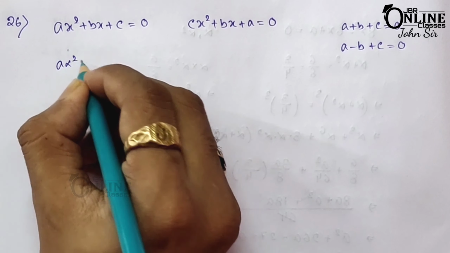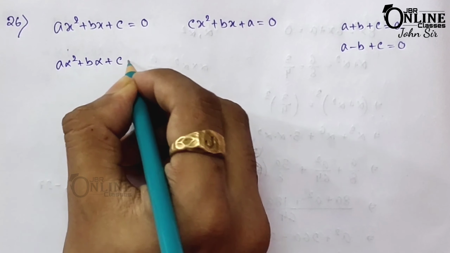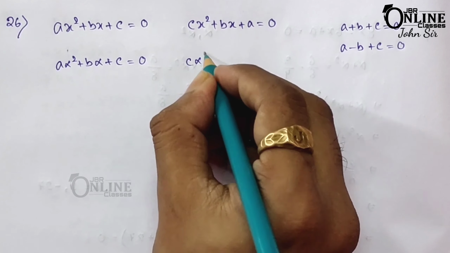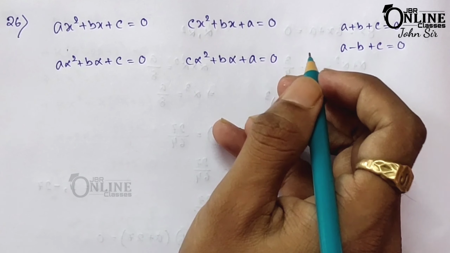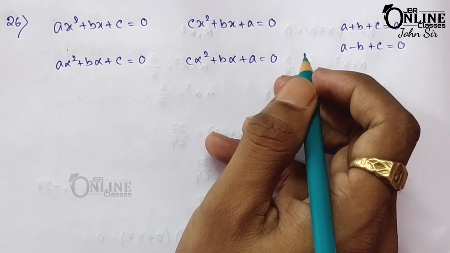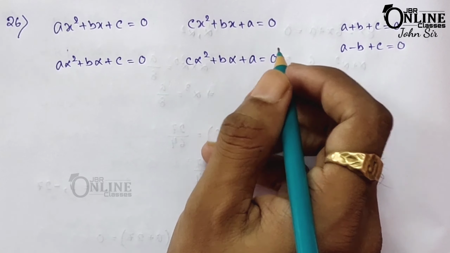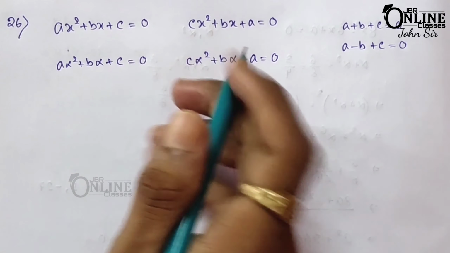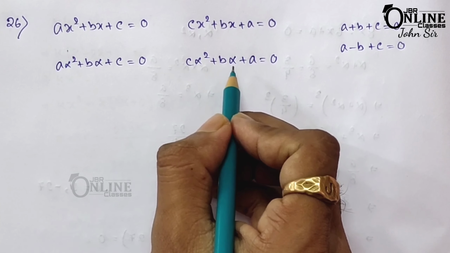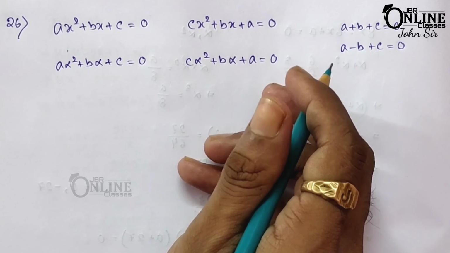Okay, so a alpha square plus b alpha plus c equals 0. Here c alpha square plus b alpha plus a equals 0. So now first one a alpha square plus b alpha plus c equals 0. Second one c alpha square plus b alpha plus a equals 0.